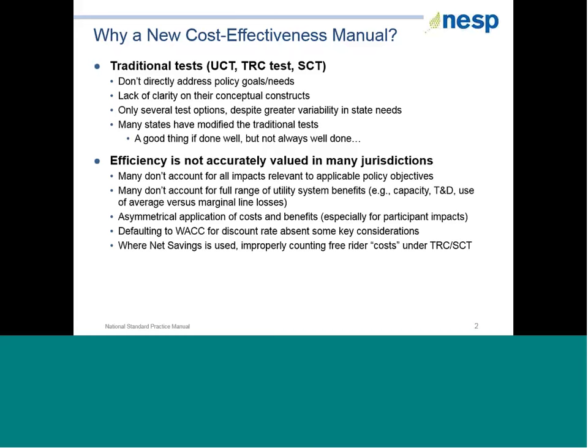Many don't account for the full range of the utility system benefits. There's sometimes an asymmetrical application of the costs and benefits. This especially happens with regards to participant impacts, which we'll talk a lot more about. Often defaulting to the utility weighted average cost of capital for discount rates doesn't account for some very important considerations. And then there's issues around net savings and so forth.